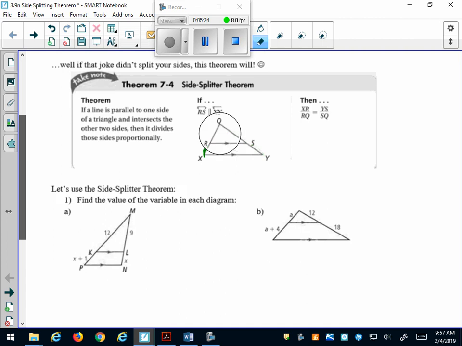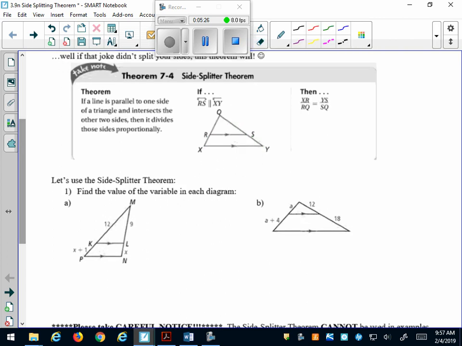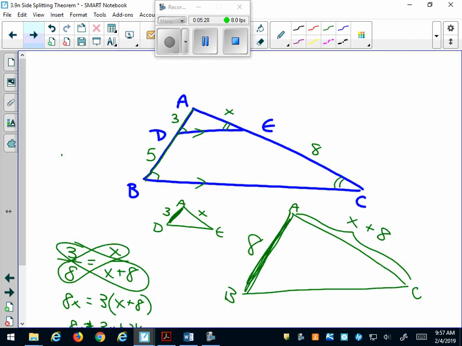So in the example that we just did, instead of doing it with similar triangles, we could do it with side splitter. Again, you don't have to write this down, just watch. So with the side splitter theorem, we would say 3 is to 5 as x is to 8.